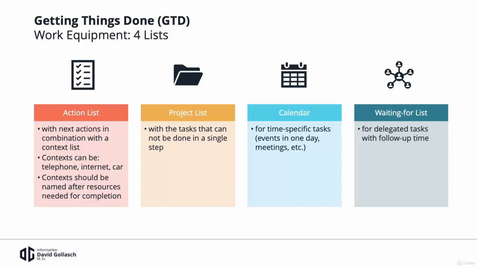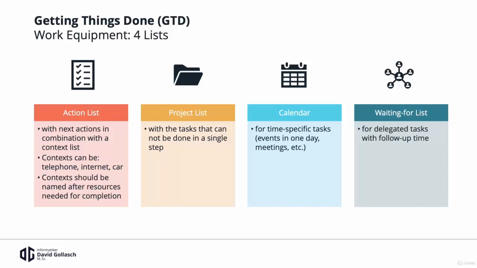A project is a more complex task, so a task with not only one single step but with multiple steps, and everything that has multiple steps is considered a project. And those projects are filed onto a project list. Third one is the calendar. Not actually a list, but maybe it's a list of appointments if you want to consider it like this.